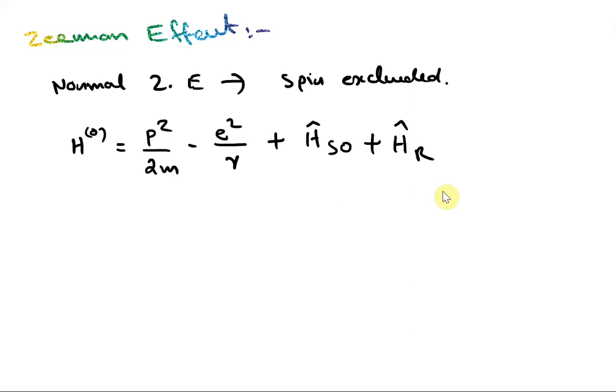Both of these components are smaller compared to H0, so you can always treat them as a perturbation to the entire thing, and use perturbation analysis to find the first order energy correction associated with each. The thing is that we are not doing that, we will take the final value, that's it.